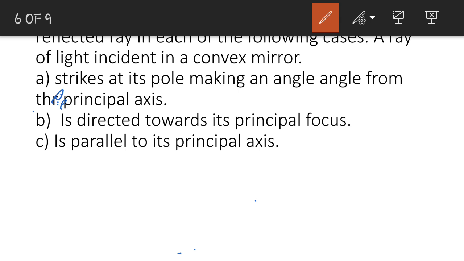Through focus means if an incident ray is passing through focus, how is it going to happen? If we direct the incident ray through focus, then how will it go? Then the third is parallel to the principal axis. These are the 3 cases for which we have to draw the figure.